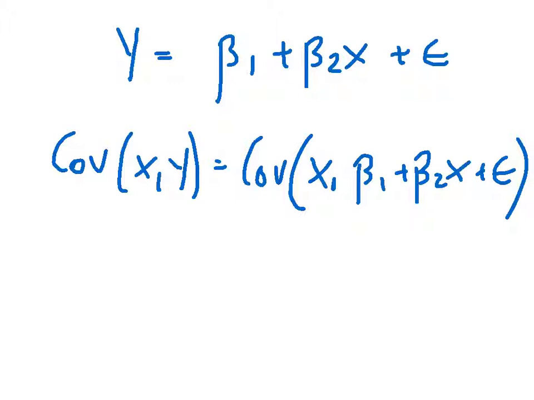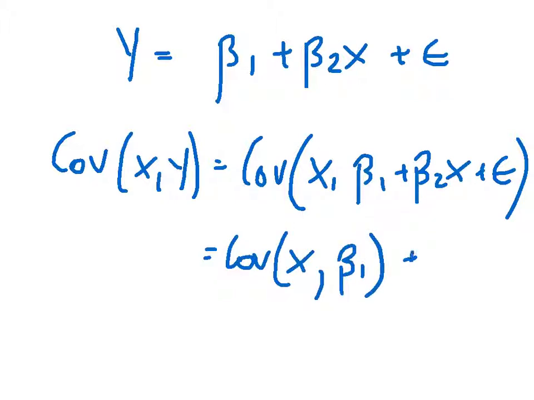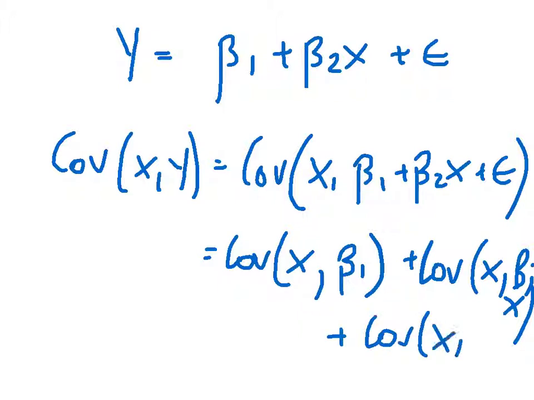Now we can tidy up the right hand side of this. We have terms that enter in an additive way, so we can break things apart. So we can make this the covariance of x and beta 1, the covariance of x and beta 2 x, and the covariance of x and epsilon.